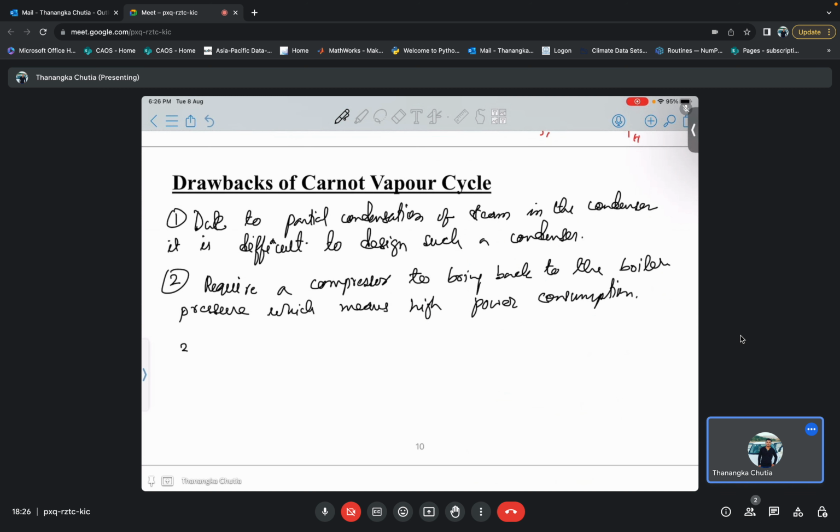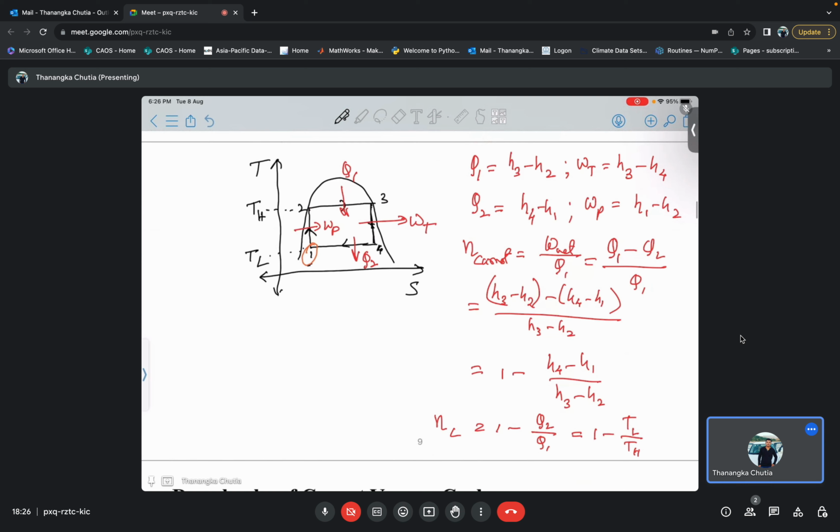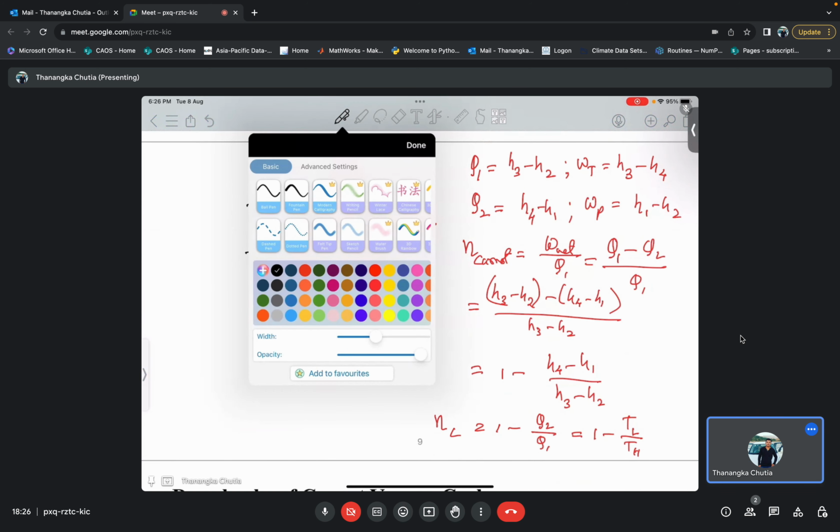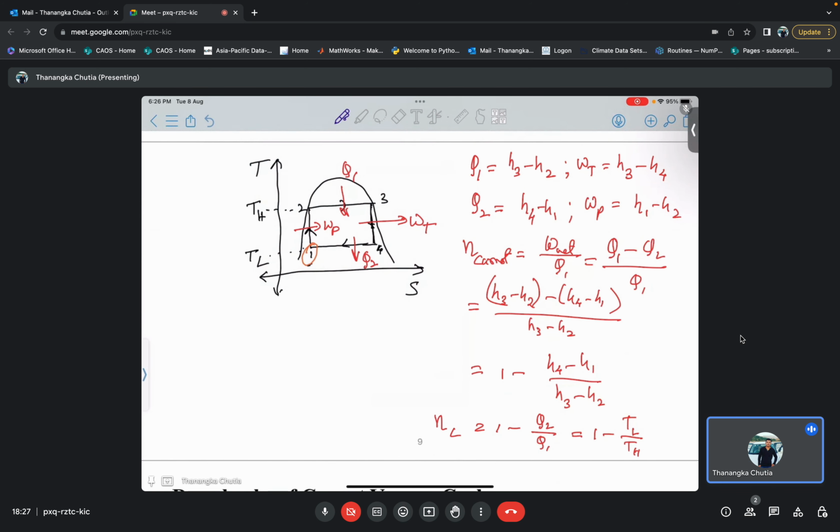And the third one: you can see here at the exit point, that is point number 4, it is also a mixture of both liquid and vapor. So when it is running inside the turbine blades, it is a mixture of both liquid and vapor. Now the turbine is designed to run on vapor. If you put water in it, it will damage the turbine blades.